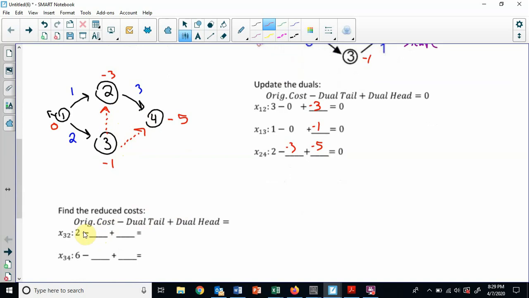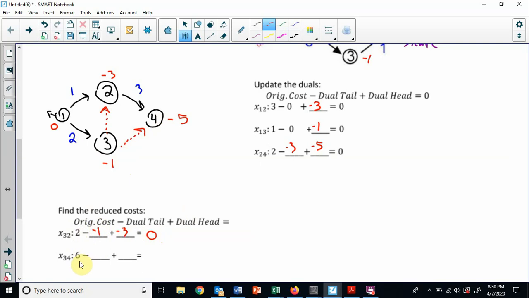Okay, so the original cost on 3.2 is 2 minus the dual tail, so minus -1, plus the dual head, so -3, and we get 0. 2 plus 1 is 3, minus 3 is 0. That's interesting. I'll talk about that in a second, okay? Now let's do 3.4.